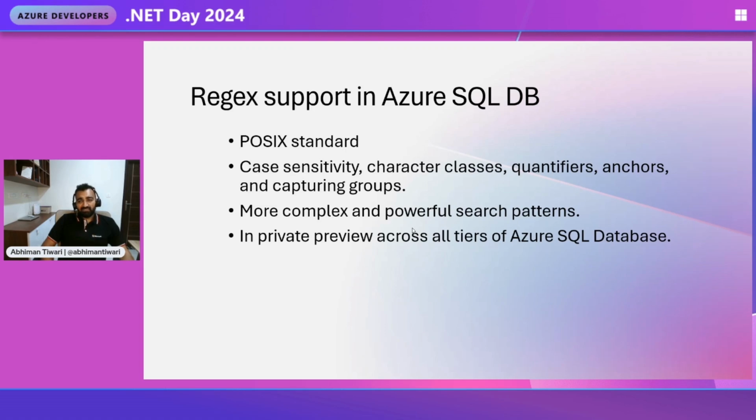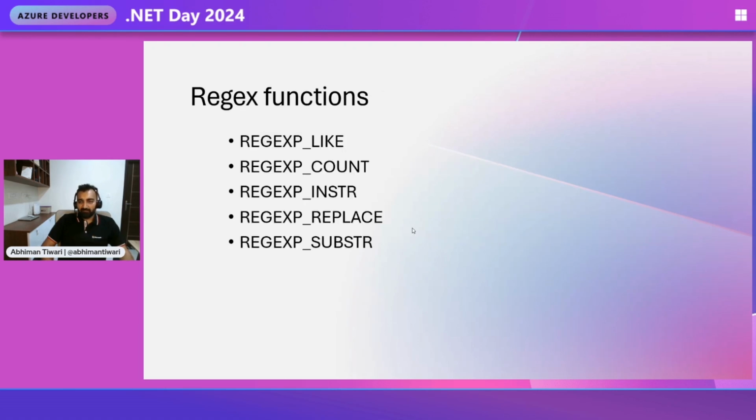And our implementation supports case sensitivity, character classes, quantifiers, anchors, and subgroups. So the native support for regex in Azure SQL DB will enable customers to write more complex search patterns and perform string manipulations efficiently. This feature is available across all the tiers of Azure SQL DB in private preview.